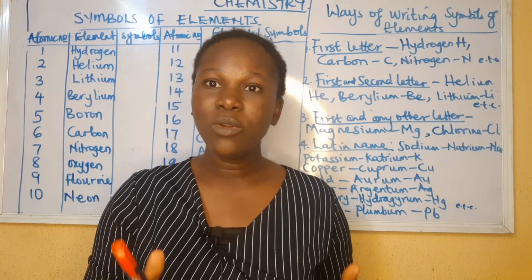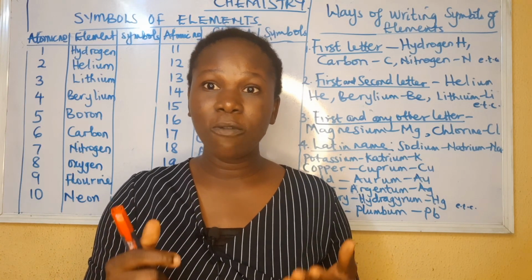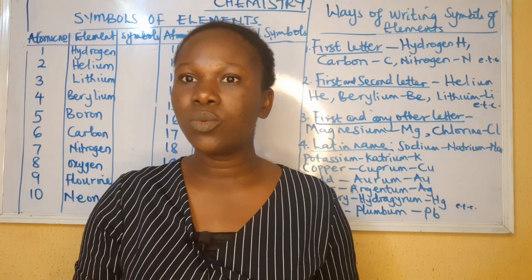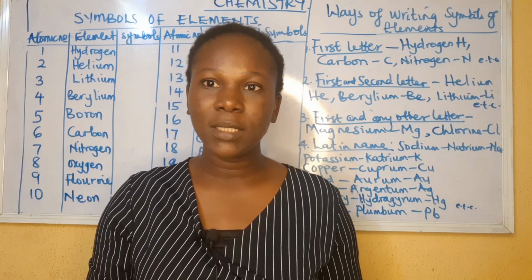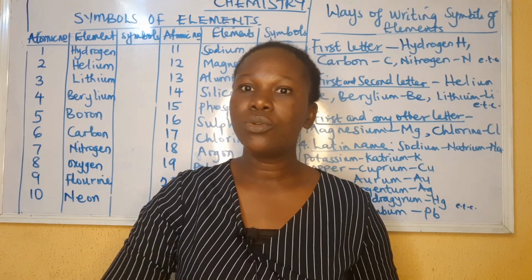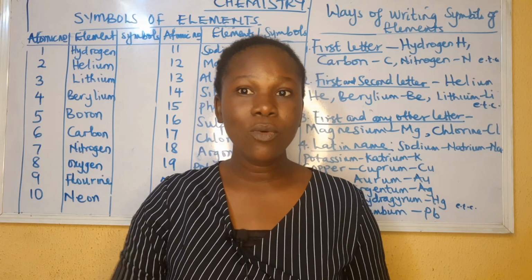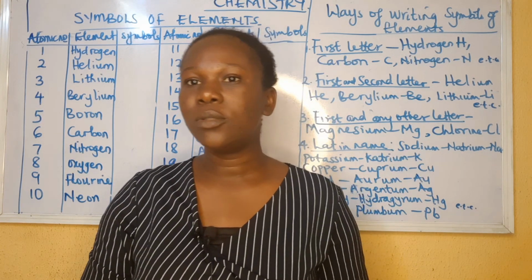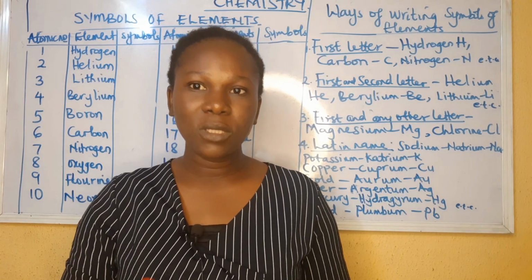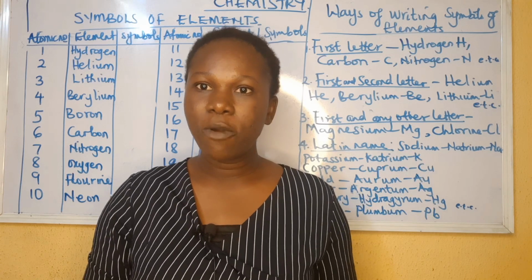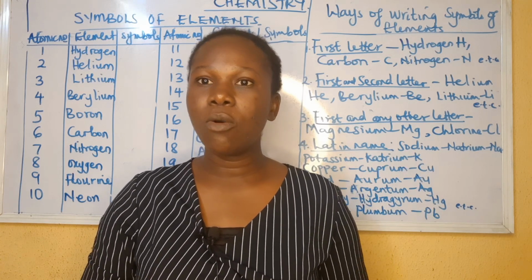So the deep knowledge of the alphabet helps one to be able to pronounce words and also write sentences. So also in chemistry, to be able to write the chemical equation, which is a representation of chemical reactions, you need the knowledge of the symbols of elements which makes up the formulas of different compounds.